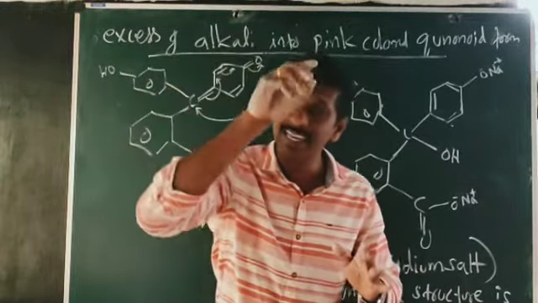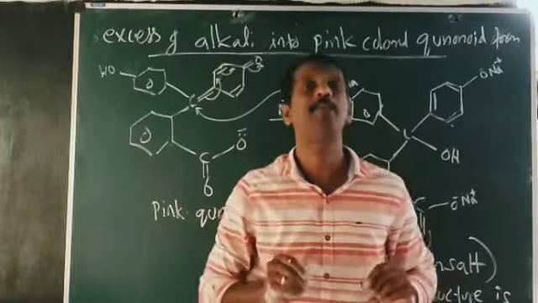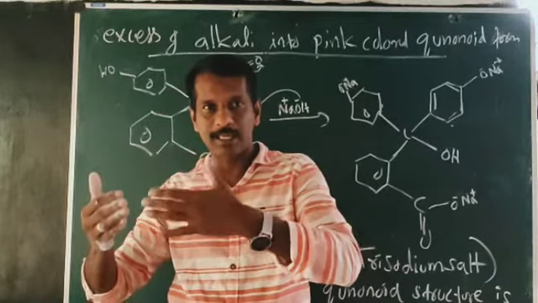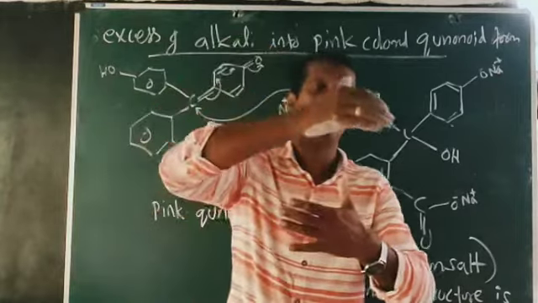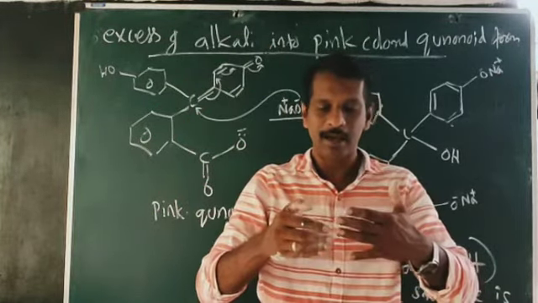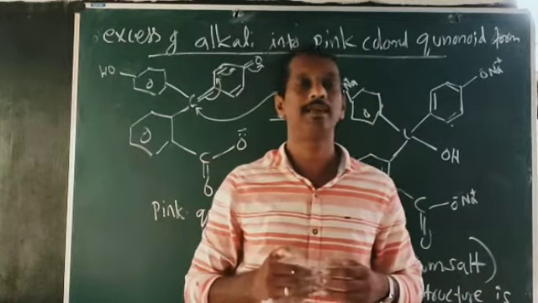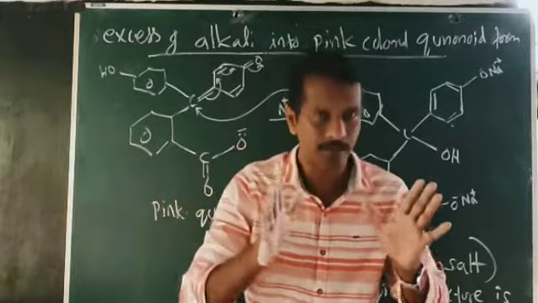When it is changed into benzenoid form, that is the end point, because the quinonoid form is accepting H plus and finally changes into benzenoid form. That is the color change. That is the end point. That means the alkaline solution has just changed into acidic medium. This is the theory of color change of phenolphthalein.